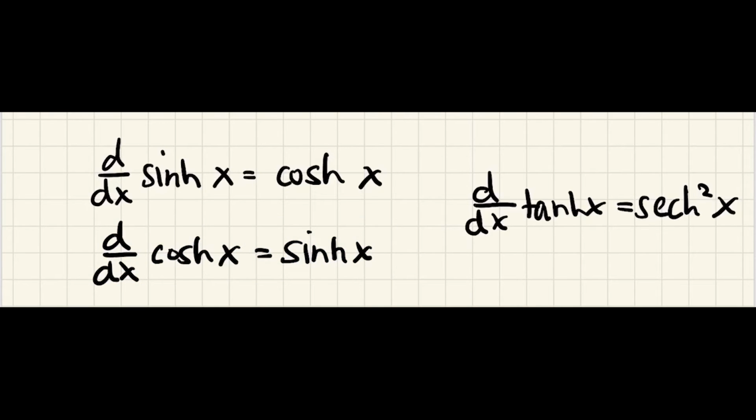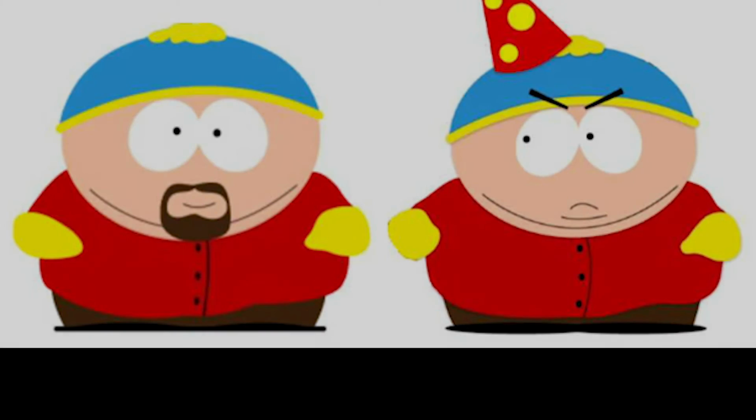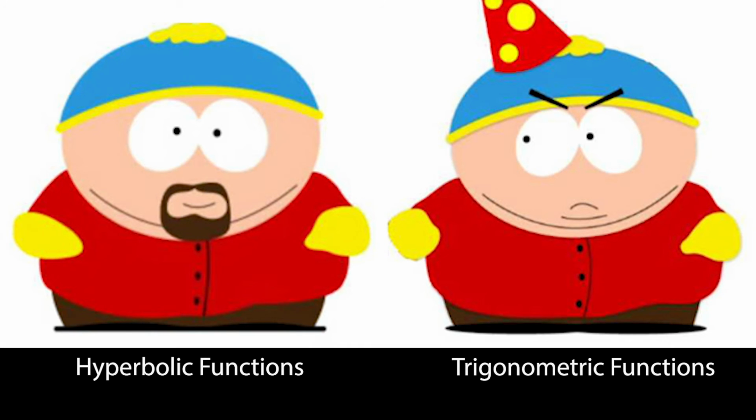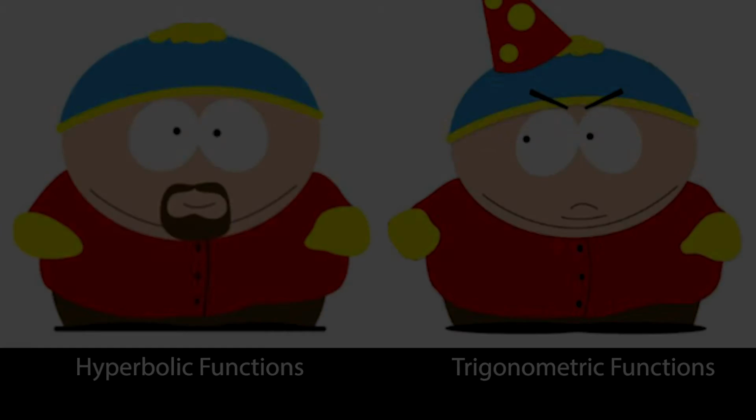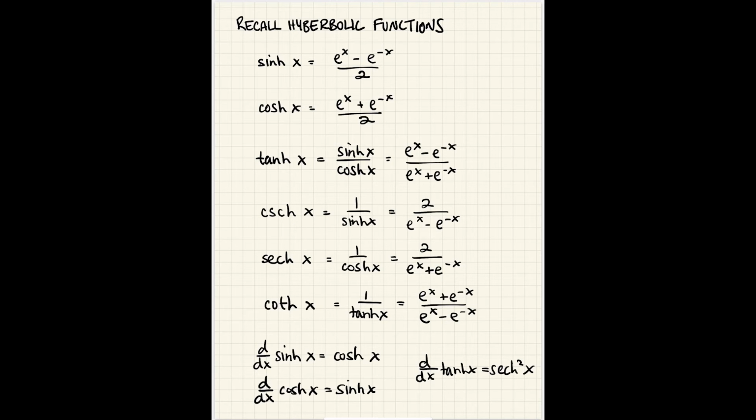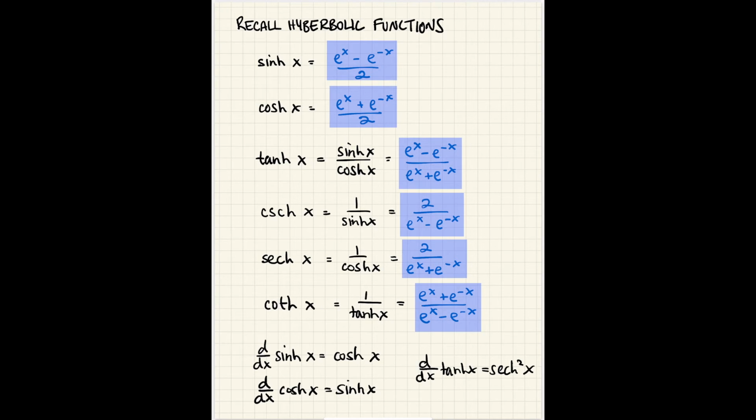So that is just a consequence of the hyperbolic functions behaving sort of like trig functions, but not quite, in almost a frustrating way. So you can always recover the information you need by just appealing to the definitions of whatever hyperbolic function you're working with and applying the derivatives to the exponential in the definition.